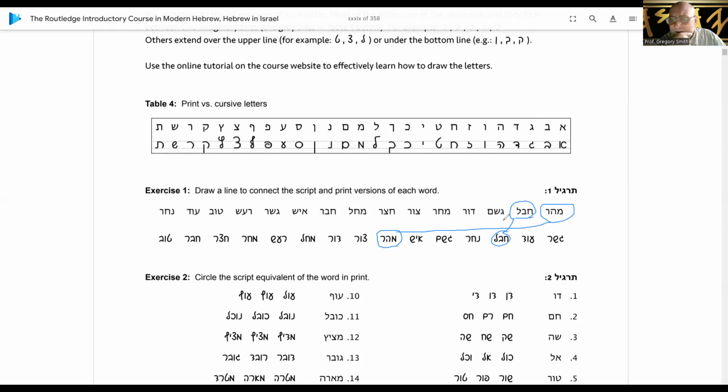We have Geshem. Now we got to figure out the gamel. Okay, it looks like a sickle kind of thing. I think it might be this one here. Well, let me just double check here. Yeah, that's the only one that's got that sickle looking thing in front.